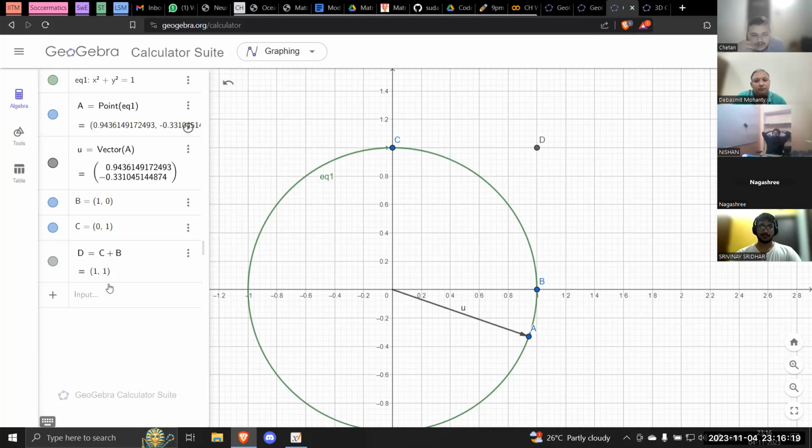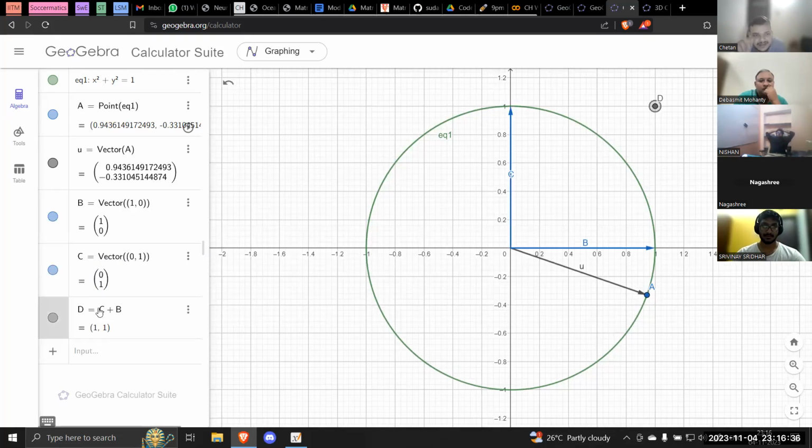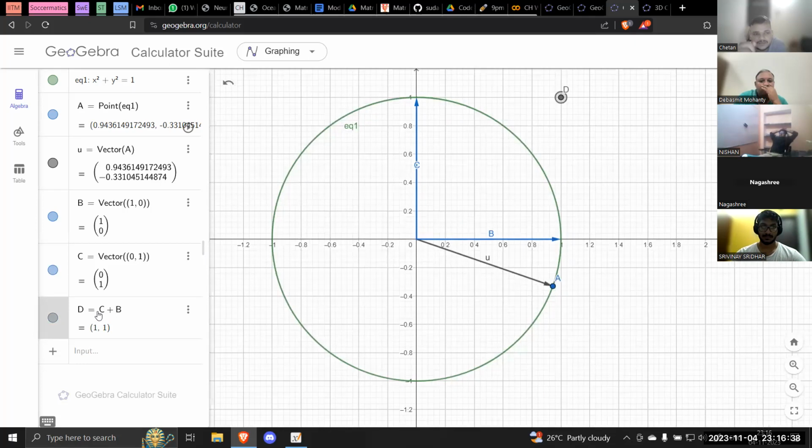I cannot call this circle a subspace because if I take any two vectors from this circle and add those two vectors, I get a vector that does not lie in this circle. It fails the first condition. Even if you take all the points inside it, even then it does not satisfy the condition for being a subspace.